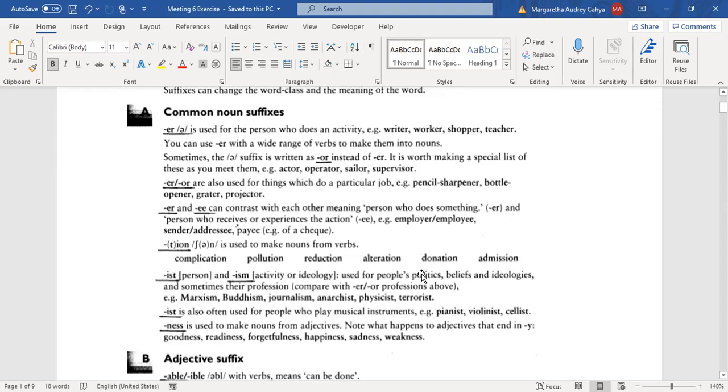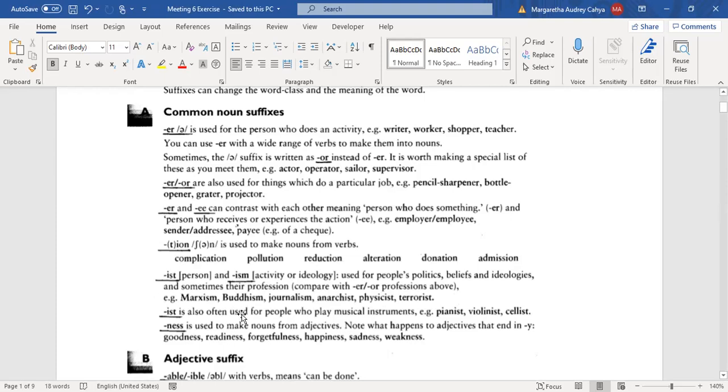That we just discussed about the military discouraging people from the military to have Zebronism, atau untuk menyalahgunakan otoritasnya mereka ya. It's a belief, right? It's an ideology. Okay. Marxism, Buddhism, journalism, analysis, physics, theorist.